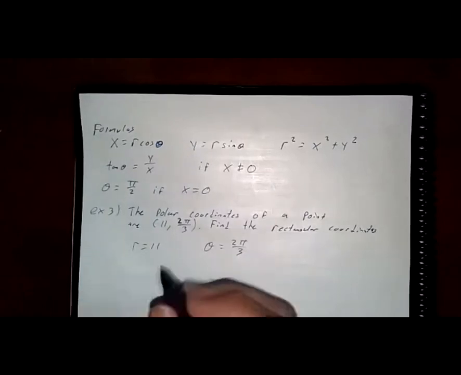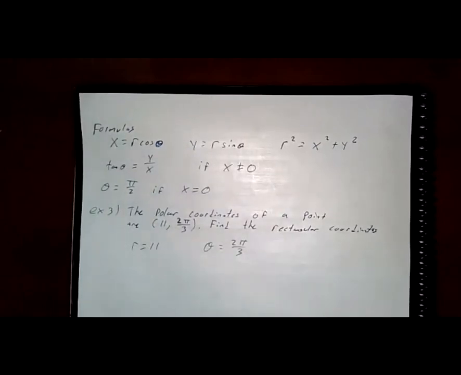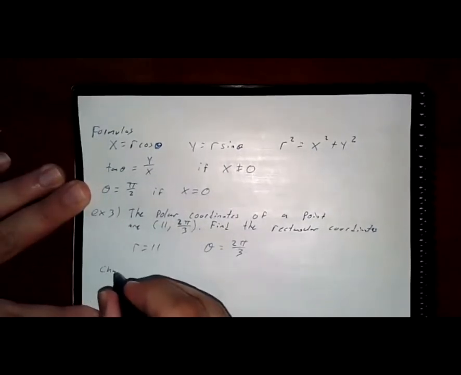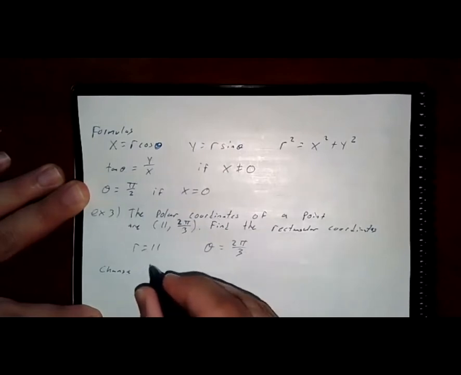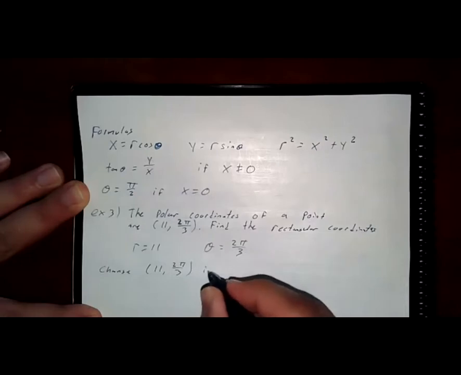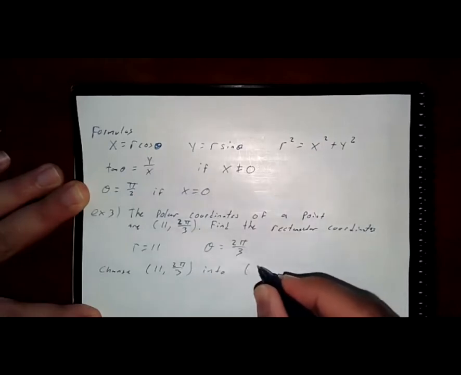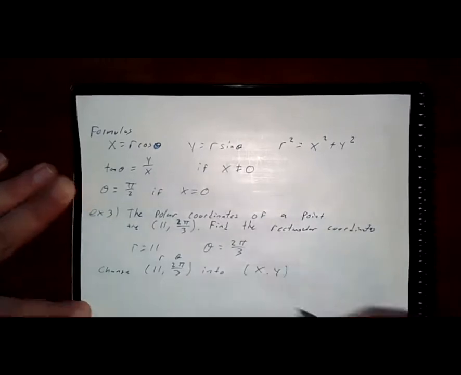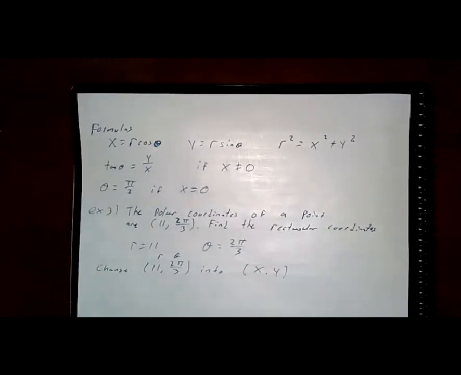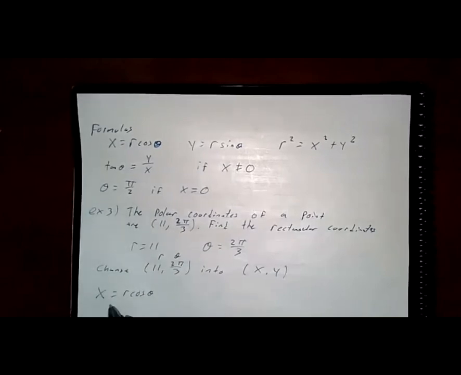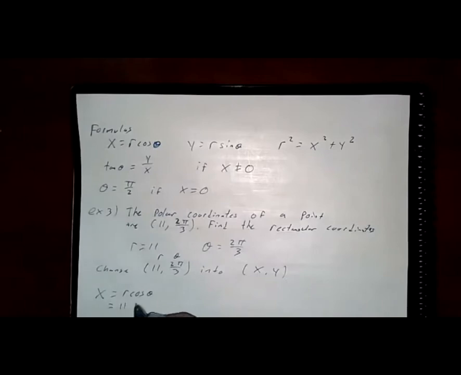The question is asking basically, just put it simply, change into some x and y, right? So x is equal to r cosine theta, which would be equal to 11 cosine of 2 pi thirds.